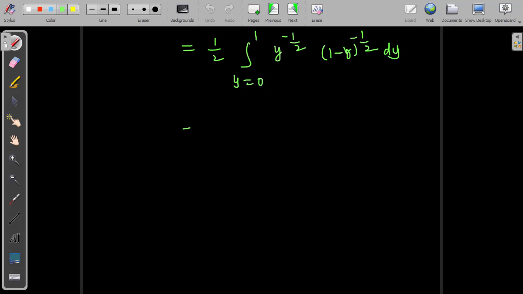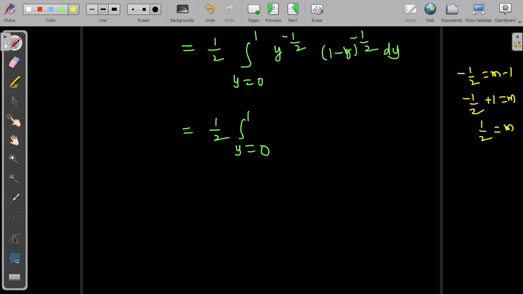The next step, this is equal to half times integral y from 0 to 1. Now you can express this like m minus 1. How do you express minus 1 by 2 as m minus 1? Simple idea: minus 1 by 2 equal to m minus 1. Put it here and you will get the m value. So minus 1 by 2 plus 1 equal to m, which means plus 1 by 2 equal to m.